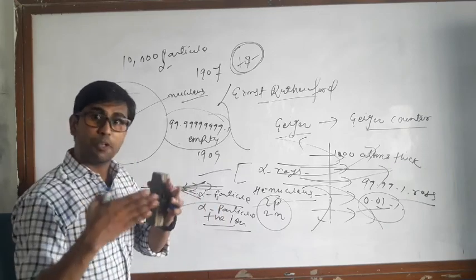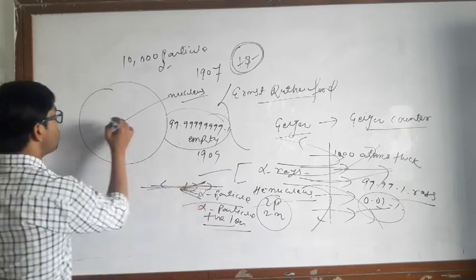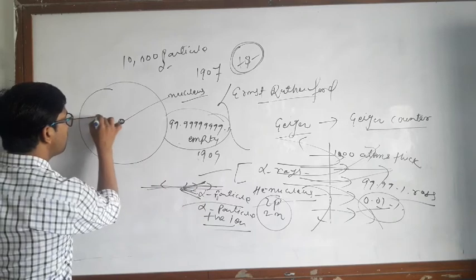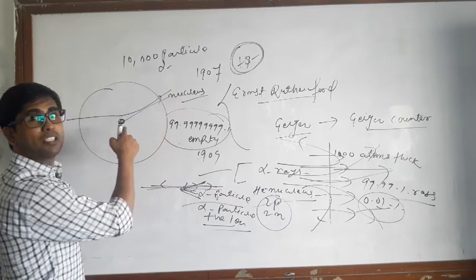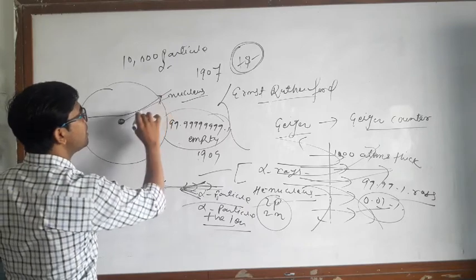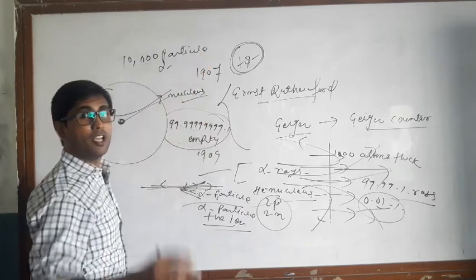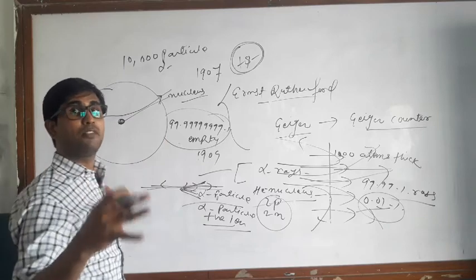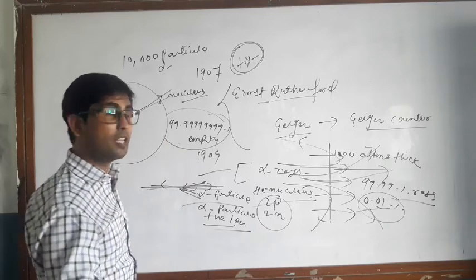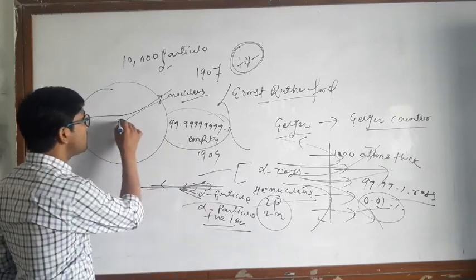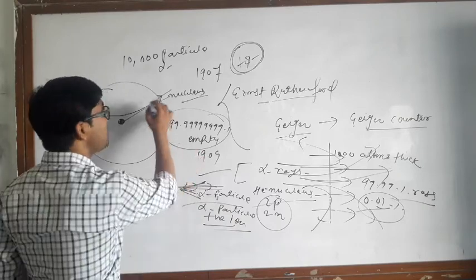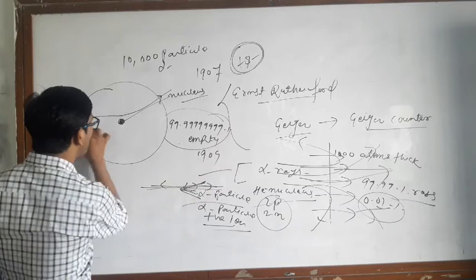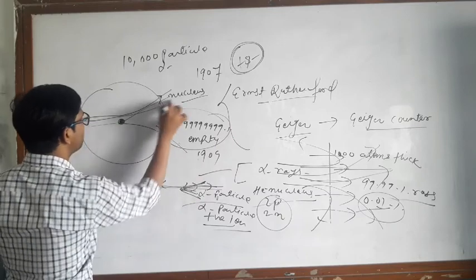The proton has positive charge and the alpha particle also has positive charge. So what happens when two positive charges come close together? As the alpha particle was coming close to the nucleus, the repulsion propels the alpha particle in another direction. That was the reason behind the deflection of the alpha rays from their path, because the nucleus of gold was deflecting them. So we got the reason behind the deflection.